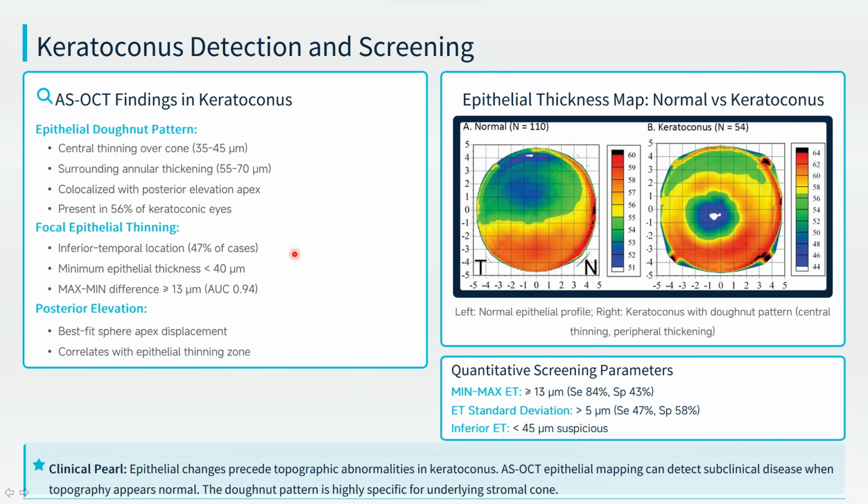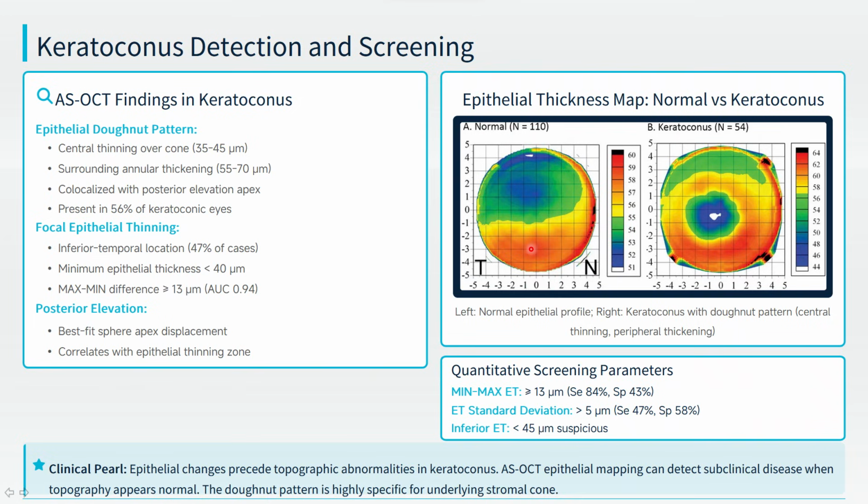The typical pattern of the epithelium in the normal cornea is a homogeneous distribution, with normal thickness between 45 and 55 microns with minimal variations. It is usually homogeneous all over the cornea with a mild increase in thickness in the inferior part compared to the superior part. This red color is the reverse of the topography colors.